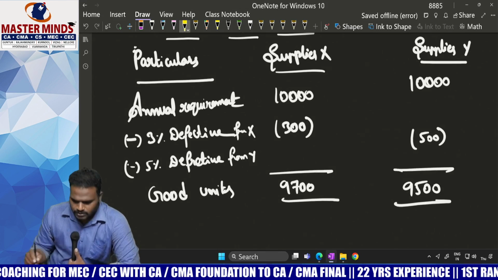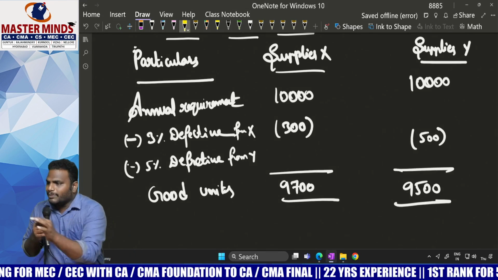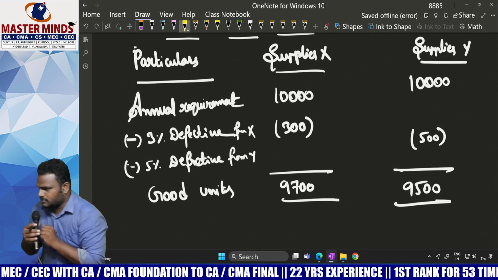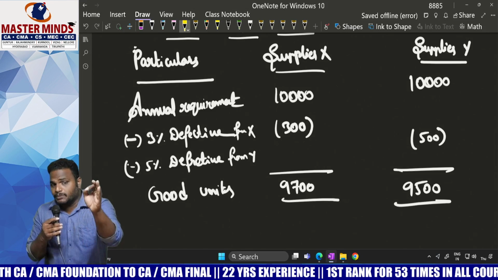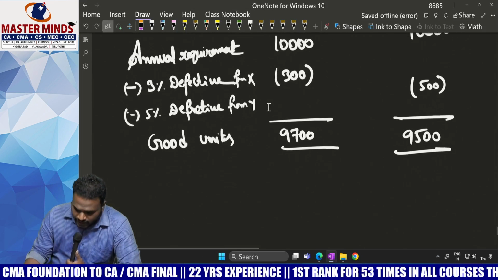Now focus here. We are implementing the inspection process. Yes or no? How many defective units are identified during the inspection process? 90%.